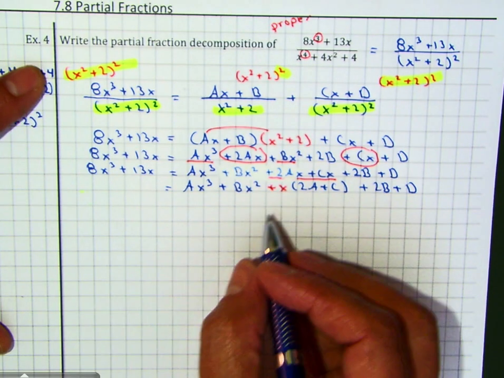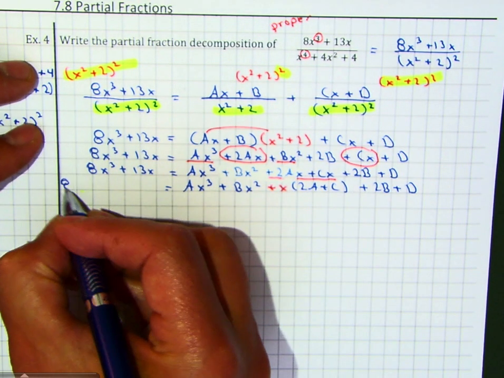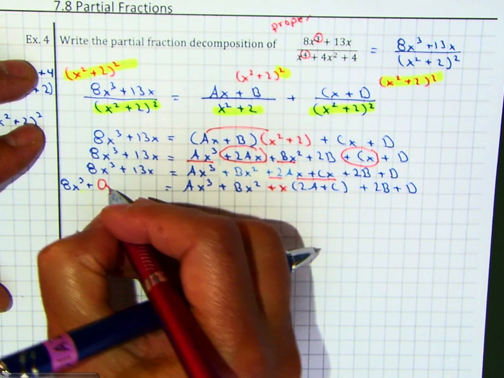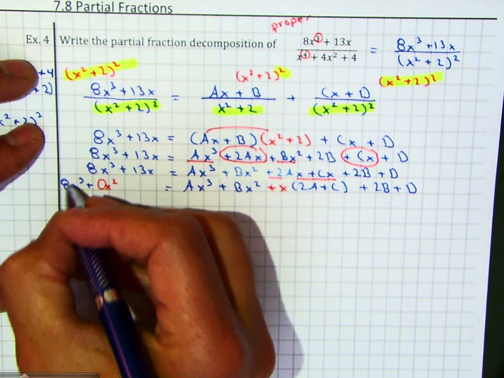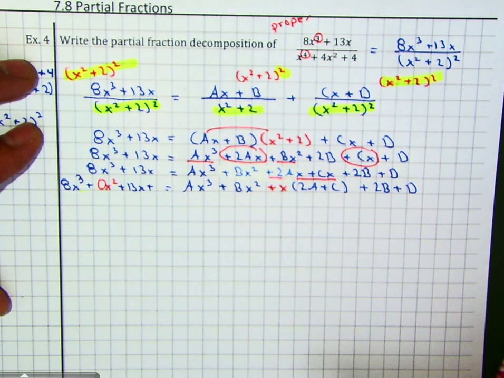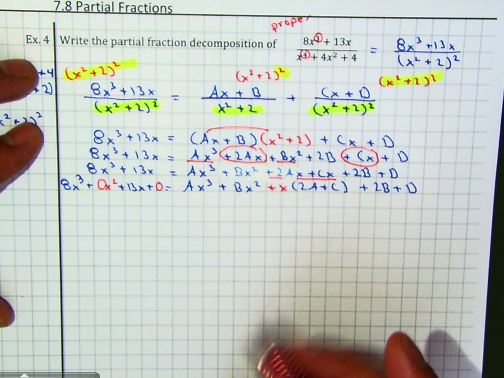Now in this case, I don't have an x squared, so therefore I'm going to make some space, and I'll place a 0x squared plus 13x plus 0 as well. So that way I can pair up each one.